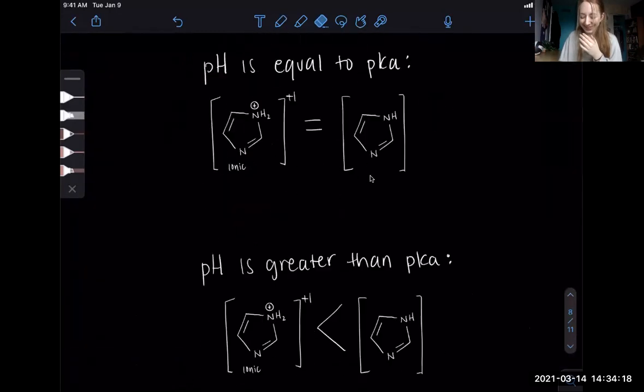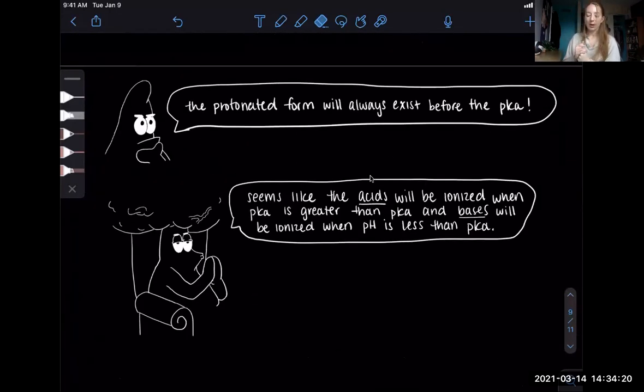As a rule, acids will be ionized when the pH is greater than the pKa, and bases will be ionized when the pH is less than the pKa. So that's how you put that together.